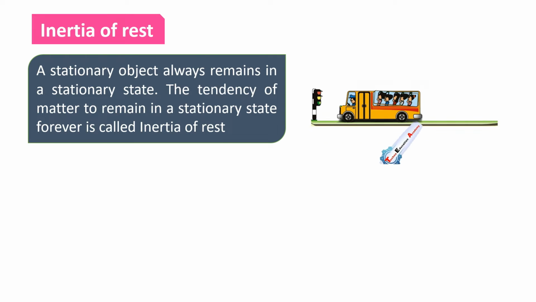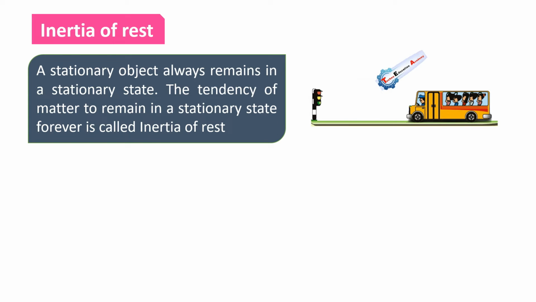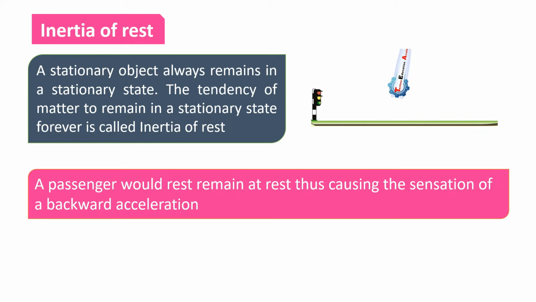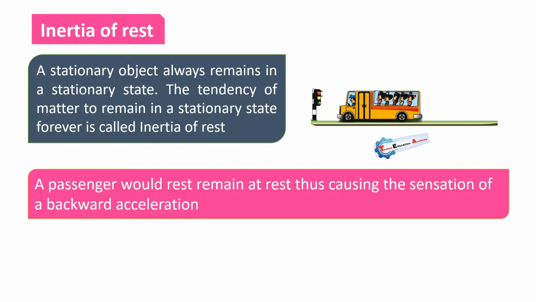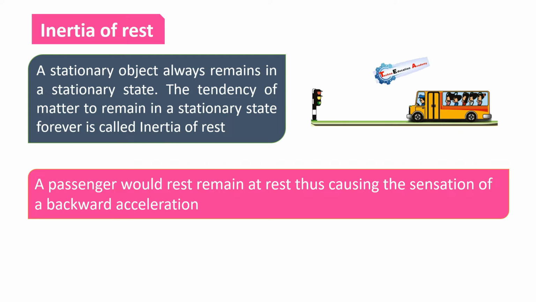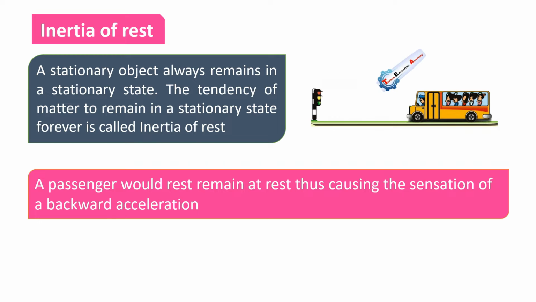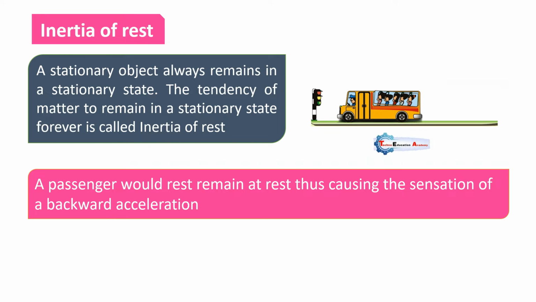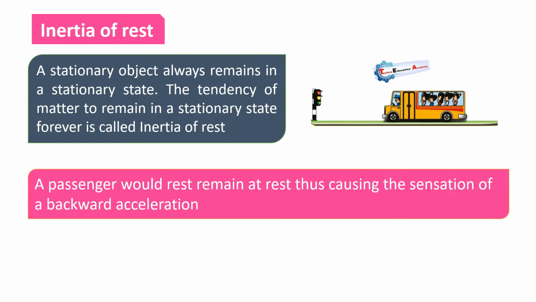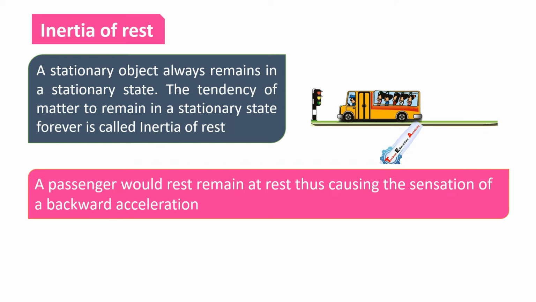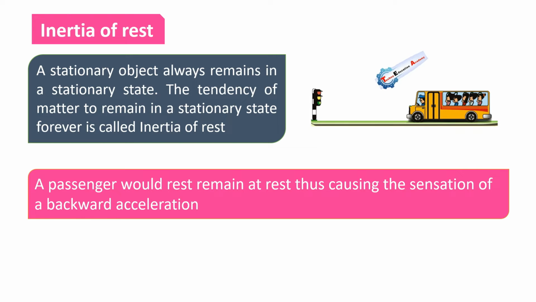Let us try to understand the concept of inertia of rest through this animation. When a bus starts moving suddenly, the passenger sitting in the bus is thrown backward. When the vehicle is stationary, the passenger is also stationary, and all parts of the passenger's body are stationary. But when the bus starts moving suddenly, the lower part of the passenger's body moves with the bus because it is adjacent to the bus.